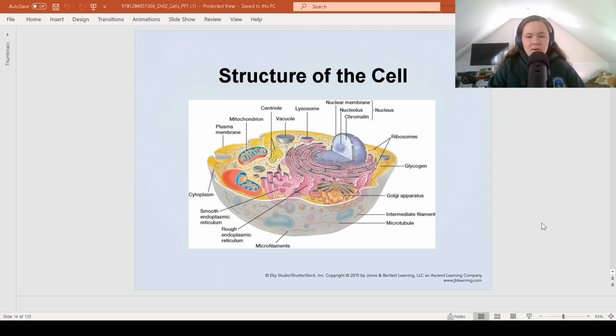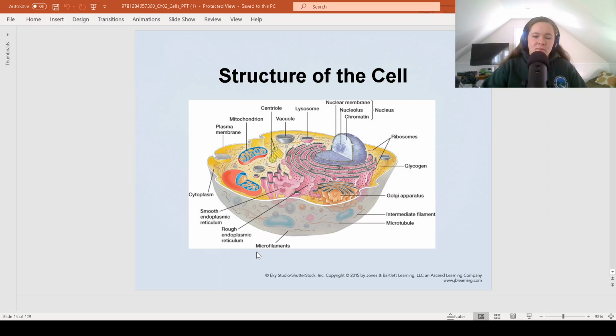And then we have the list of basically everything else. We have the cytoplasm here on the side. We have the smooth endoplasmic reticulum.